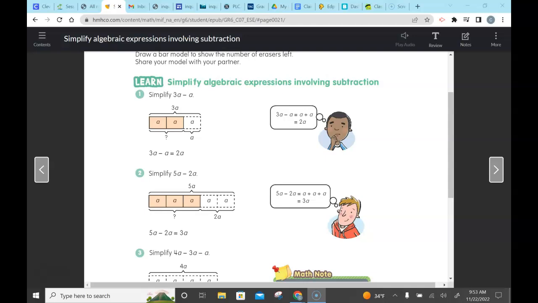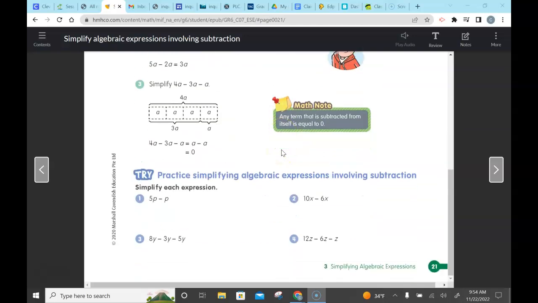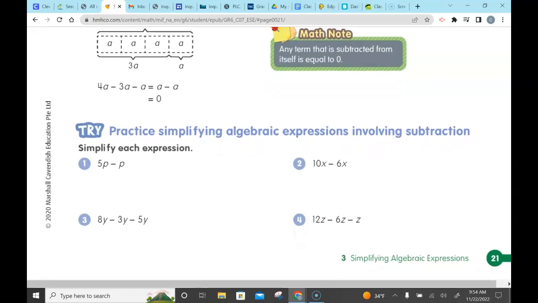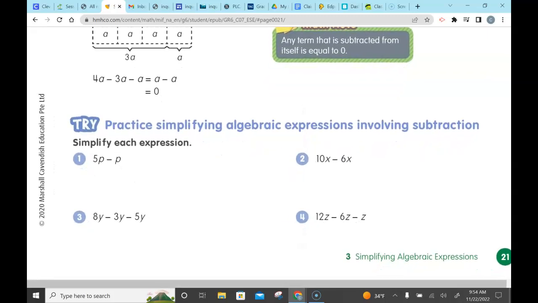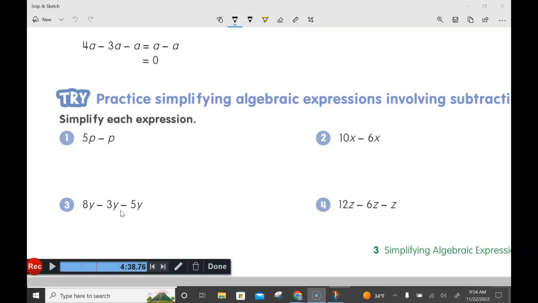Now what we're going to do, we're going to simplify algebraic expressions involving subtraction. Okay, so same idea of what we just did. We're just subtracting the expressions, or the terms, I should say. So let's take a look at the bottom of page 21. So now we have 5p minus p.